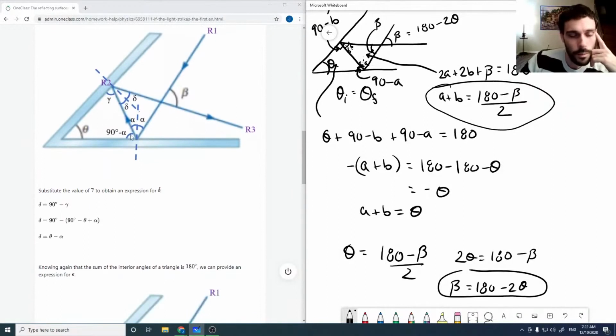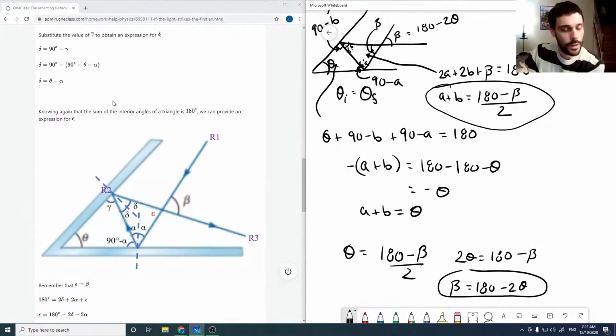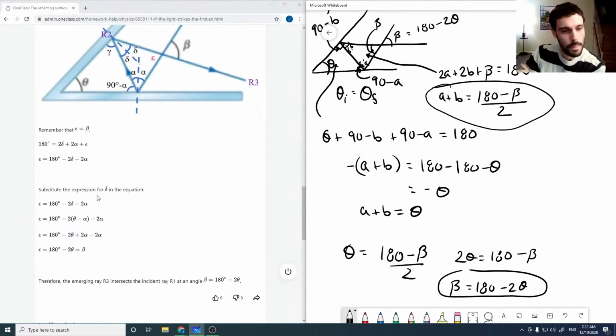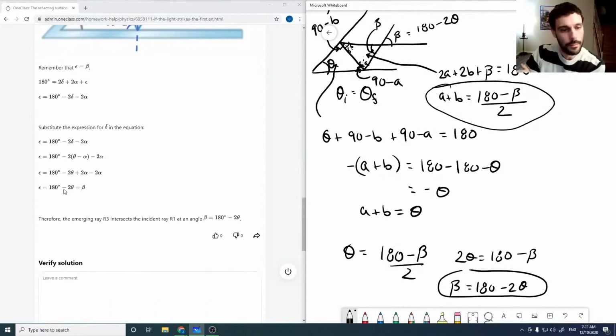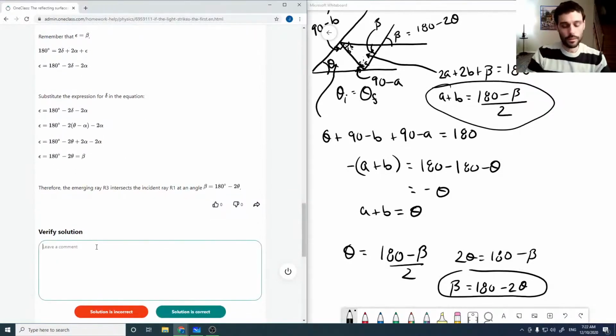So they basically are moving around the triangle. So this is a slightly different method than I use, but I think it should be fine. And solve for epsilon, but then epsilon and beta are the same, and it's 180 minus 2 theta. So that looks good. Okay.